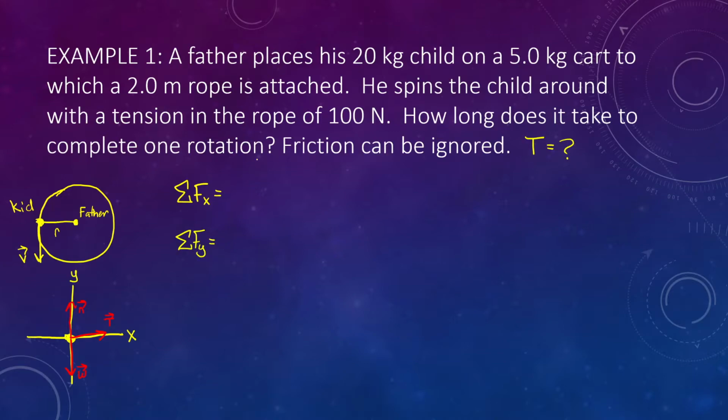So in the x direction, there's only one force, and that's the force of tension, T. As we've said in our problem-solving strategy, this is where the acceleration is, so we always set this equal to mv squared over r. In the y direction, we have two forces, the normal force N minus the weight W. And this is always, in circular motion, in the y direction, equal to 0.